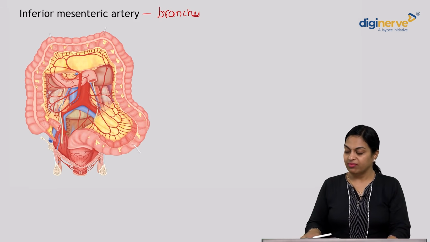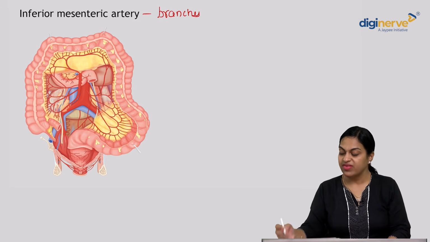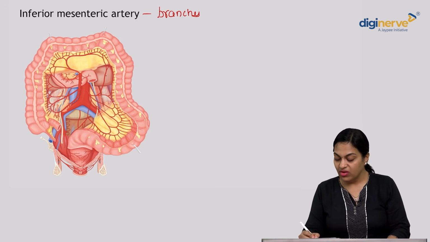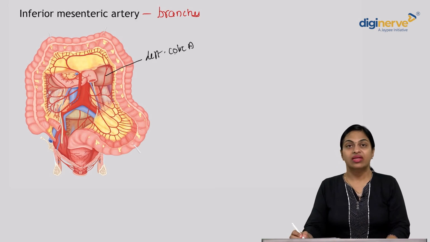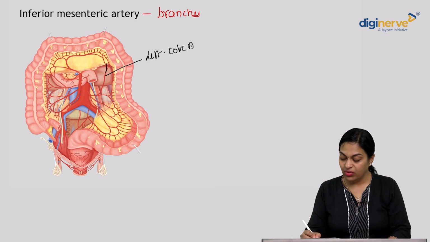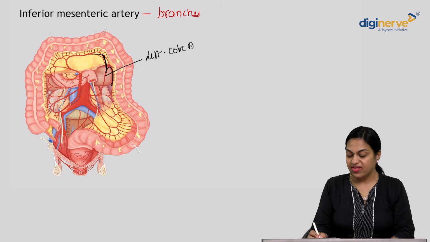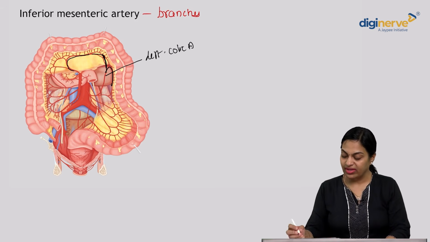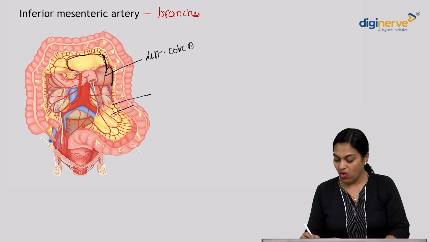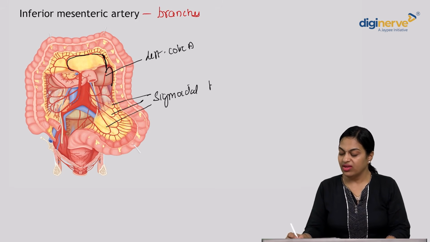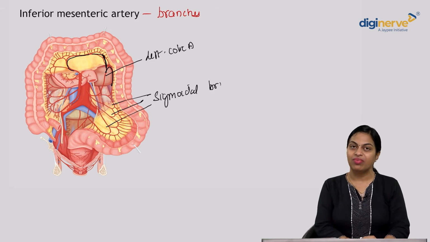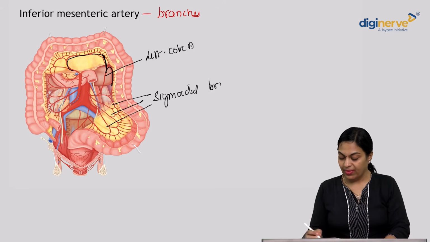Let us identify the branches coming from the inferior mesenteric artery. This is the left colic artery. The left colic artery will divide into an ascending branch and a descending branch. The ascending branch will anastomose with the left branch of the middle colic. And these are all the sigmoidal branches of the inferior mesenteric artery that supply the sigmoid colon.